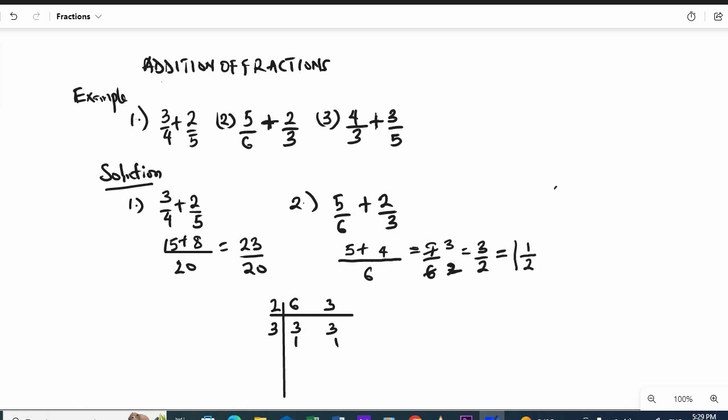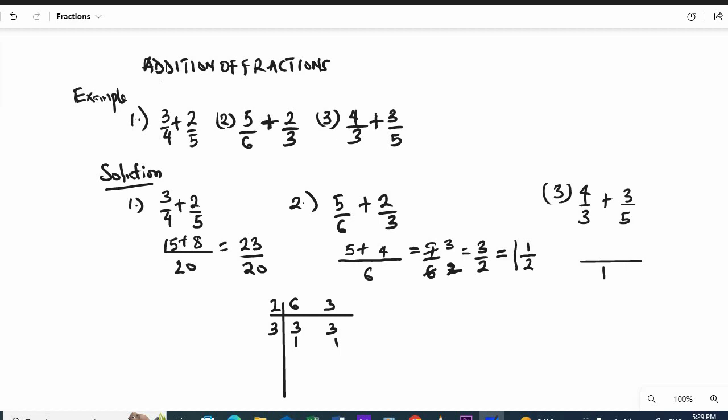And then the last example, which is 4 over 3 plus 3 over 5. Now remember what I said. When the denominators don't have any common factor, to get the LCM, all you simply need to do is multiply both numbers.